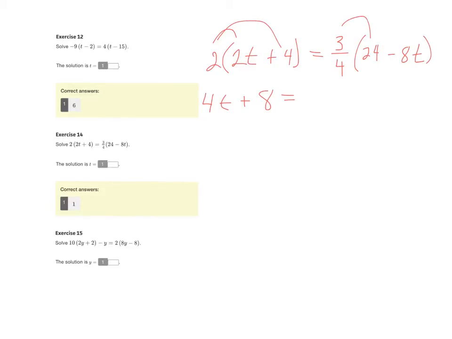So what I'm going to do here, I'll erase this in a second. 3/4 times 24 over 1 would allow me to cross cancel the 4. 4 goes into 4 once, 4 goes into 24 6 times. 3 times 6 is 18. And then I've got to do 3/4 times negative 8. Same thing, 4 goes into 4 once, 4 goes into 8 twice. 3 times negative 2 would be negative 6t.